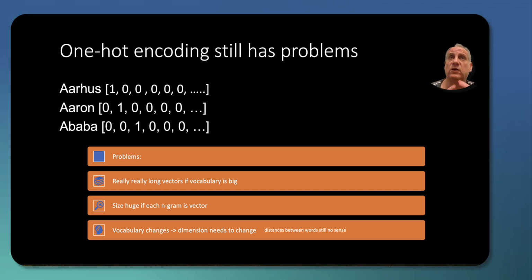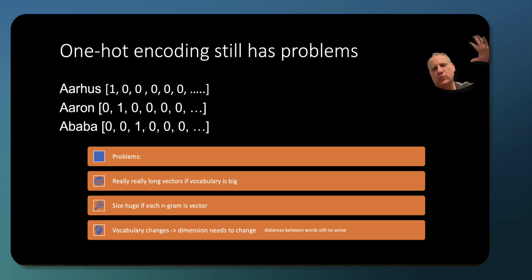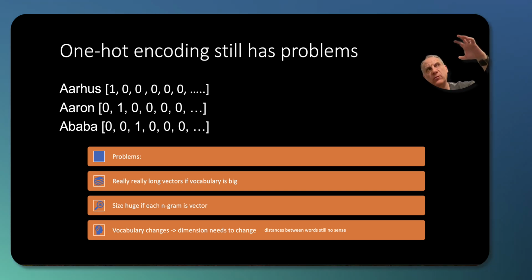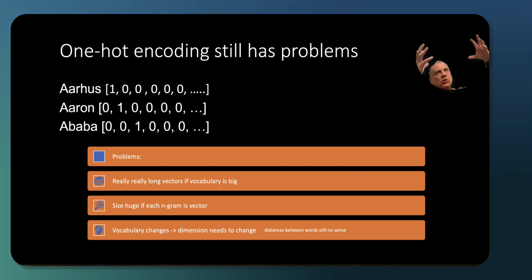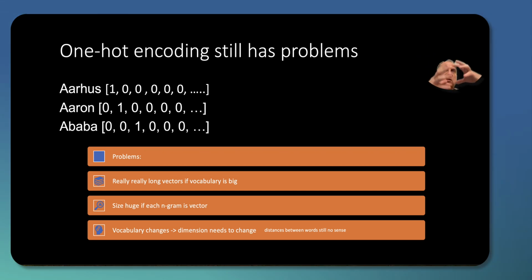Because we'd have to have a huge number of neurons at the beginning to read our input vectors. A lot of weights. So we'd like to be able to reduce it. It would also be helpful, like I said, if somehow the words that were similar, like run and walk, would be close together.